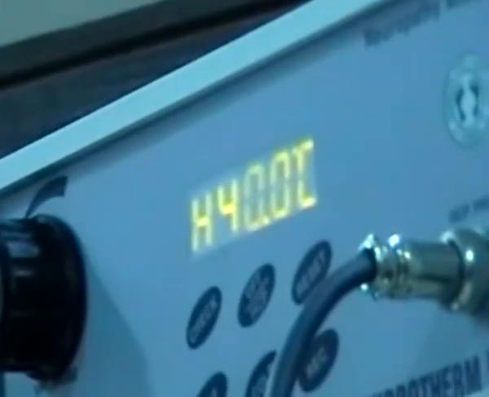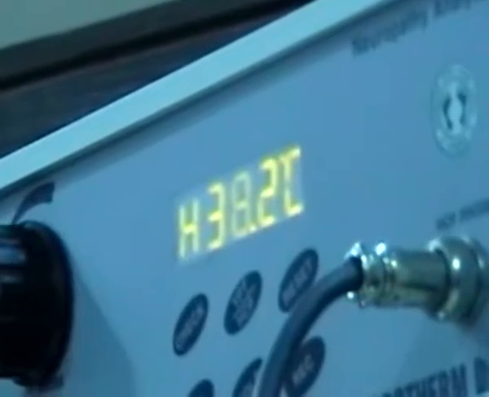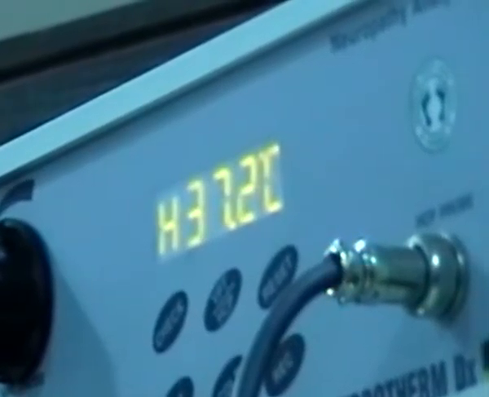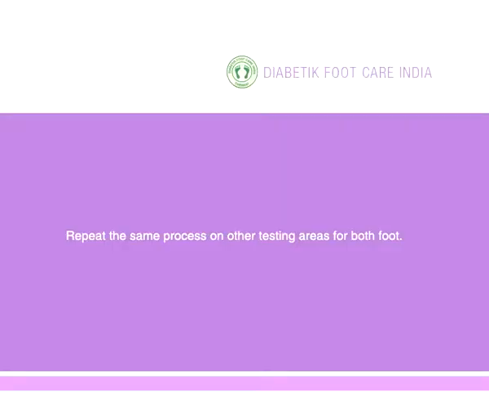When this key is pressed, the temperature is reduced by 4 degrees below the current temperature. Repeat the same process on other testing areas for both feet.